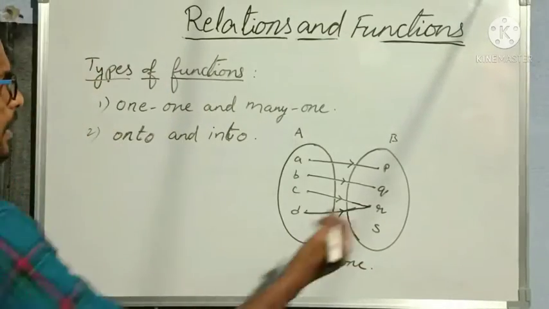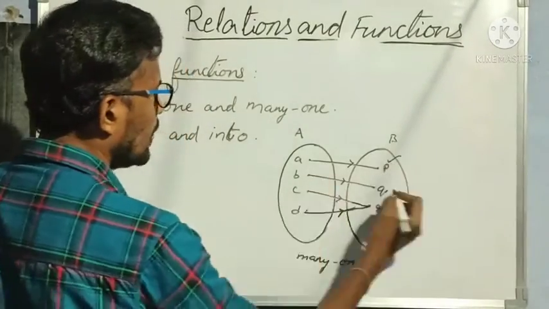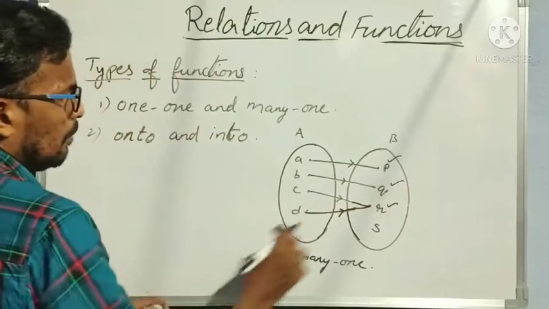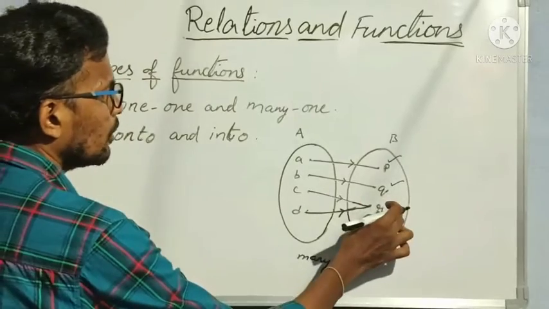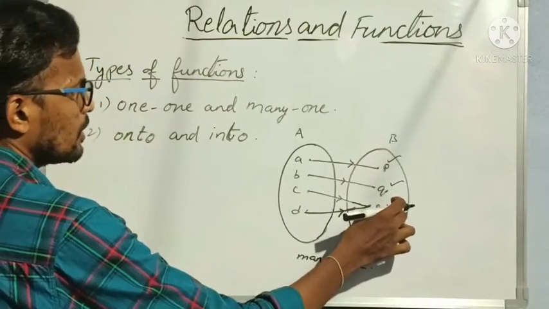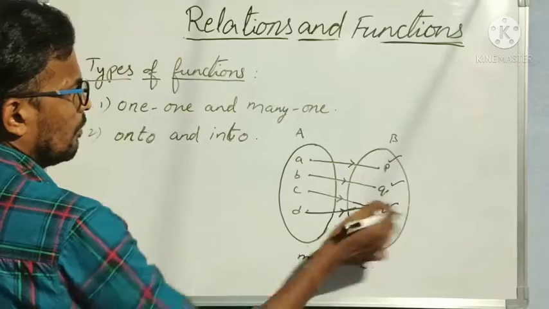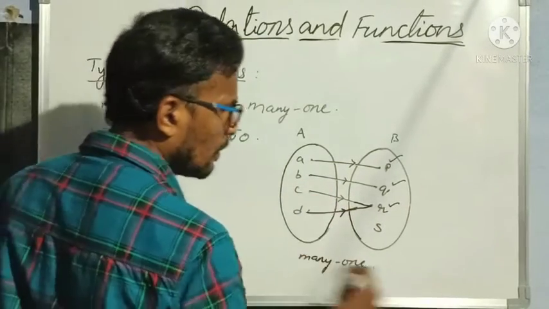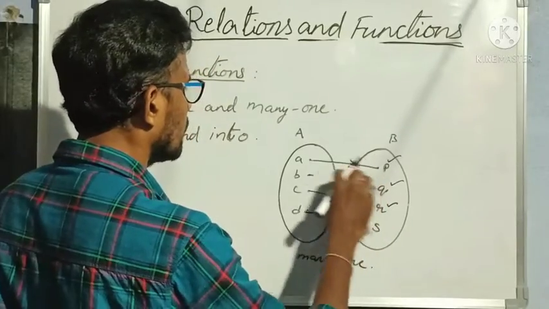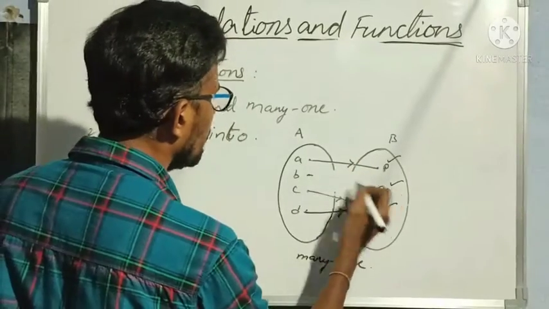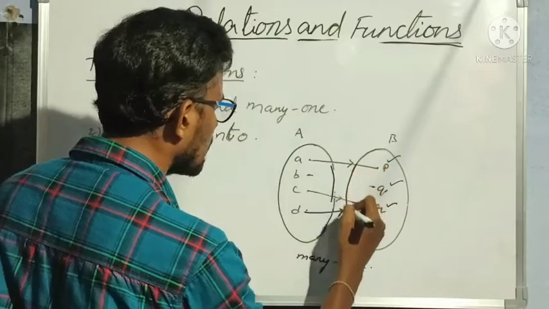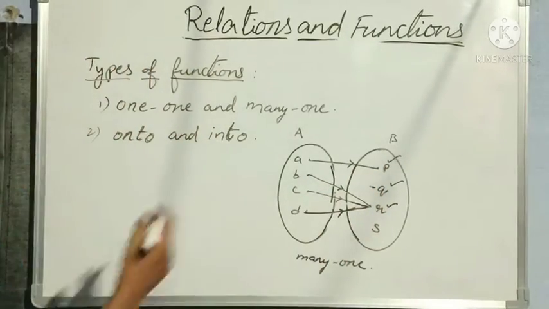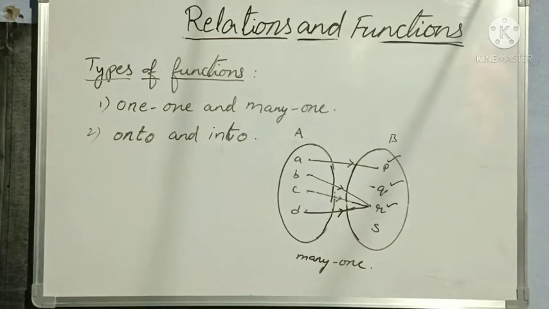See here, image of A is P, image of B is Q, image of C is R, and image of D is also R. Many elements are pointing to the same image in B. It can be like this also: instead of B to Q, I can take B to R also. Can I take? Yes, I can. So this is also a many-to-one function. Clear?